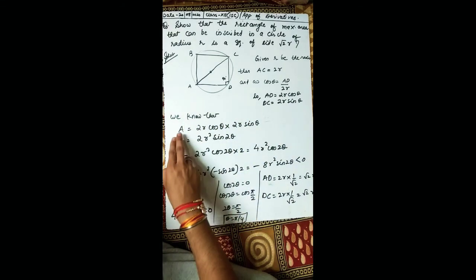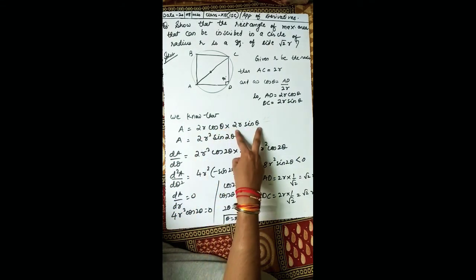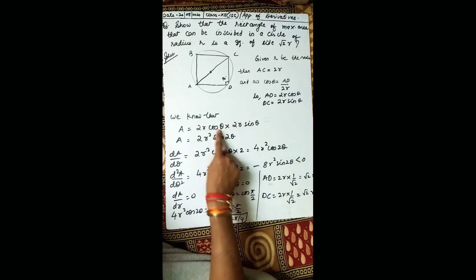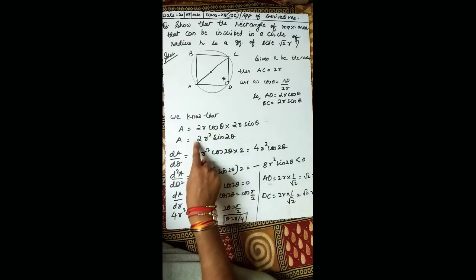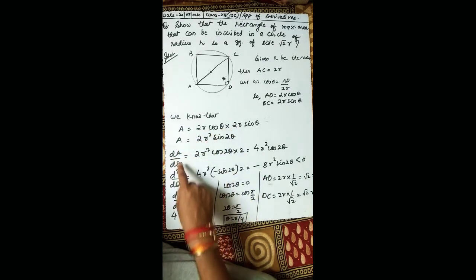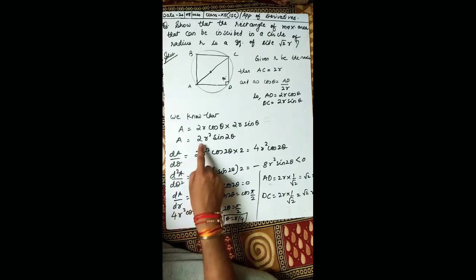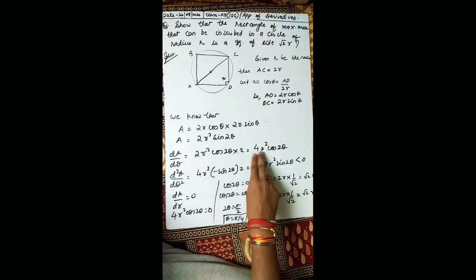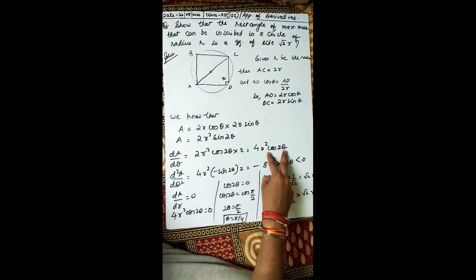So as we know, area of rectangle is length into breadth. A is 2r cos theta into 2r sin theta. Now I am taking 2 sin theta cos theta as sin 2 theta, so 2 r square sin 2 theta. Now differentiate it with respect to theta. So 2 r square cos 2 theta into 2, that is 4 r square cos 2 theta.